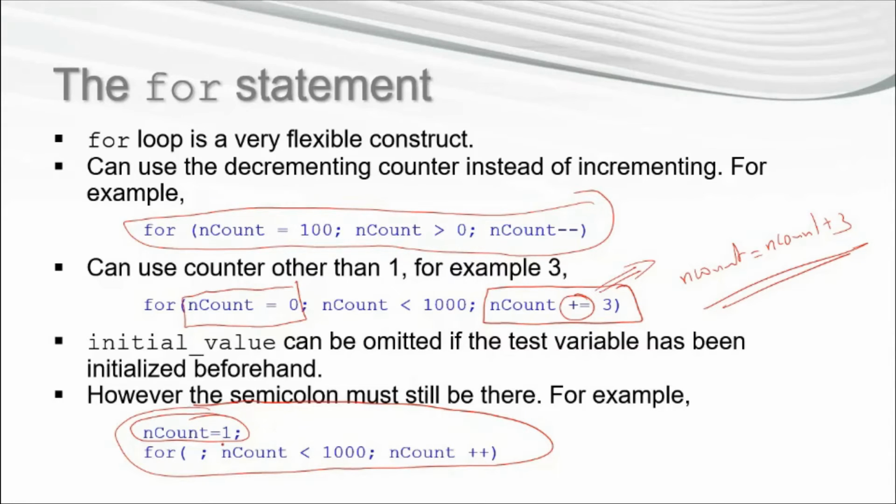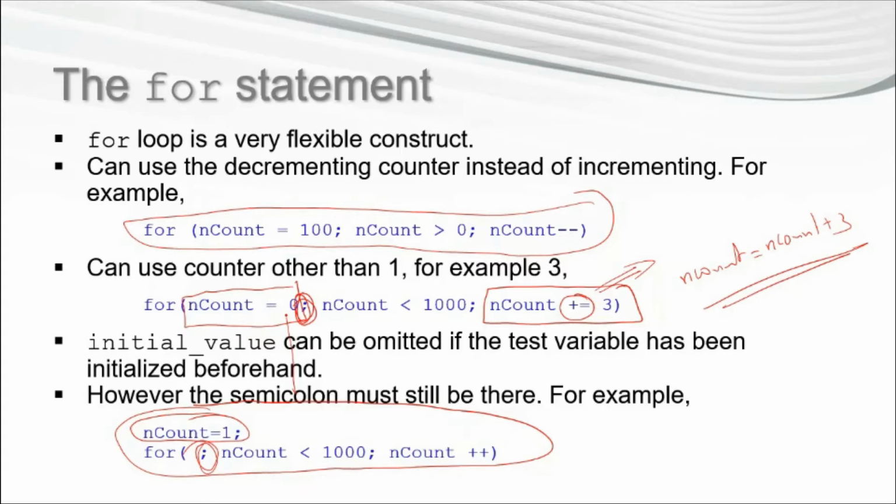After the initialization of the variable, you need a semicolon here, so that semicolon is put here also. Then ncount is less than 1000, ncount++. This one is similar to this statement.